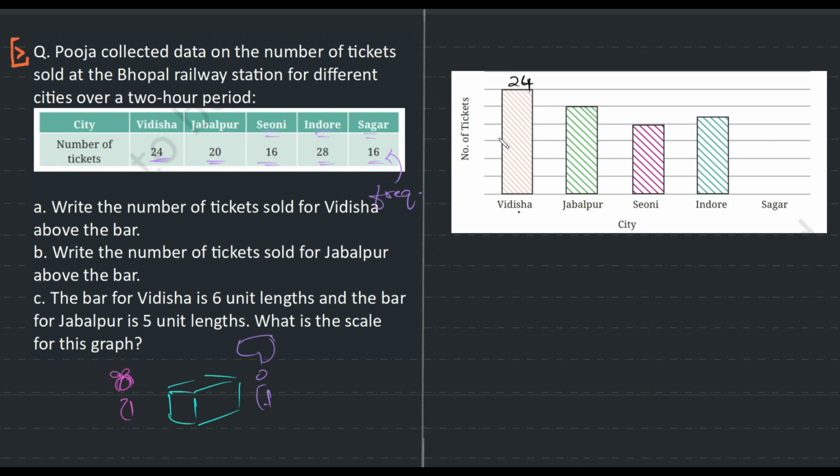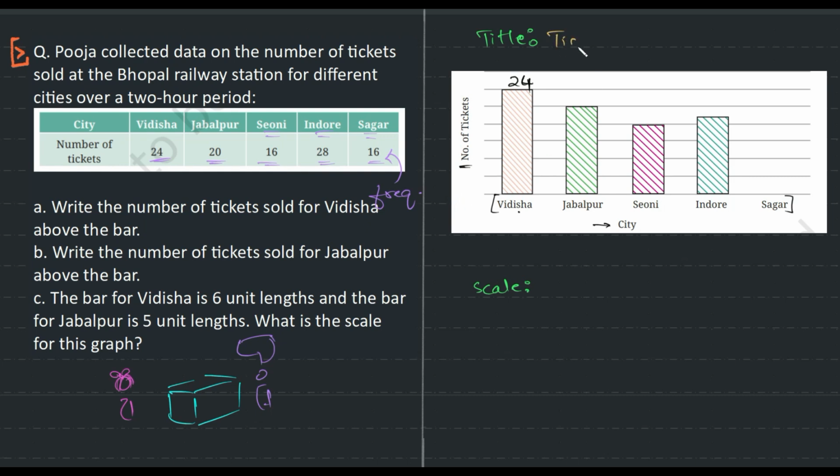Let's analyze this graph. What can we see? Number of tickets and the cities, and they have labeled the graph, and this is the bar graph. So what is missing over here? Clearly the title is missing and the scale is missing. You guys agree? Or is there anything else missing? So what can be the title?